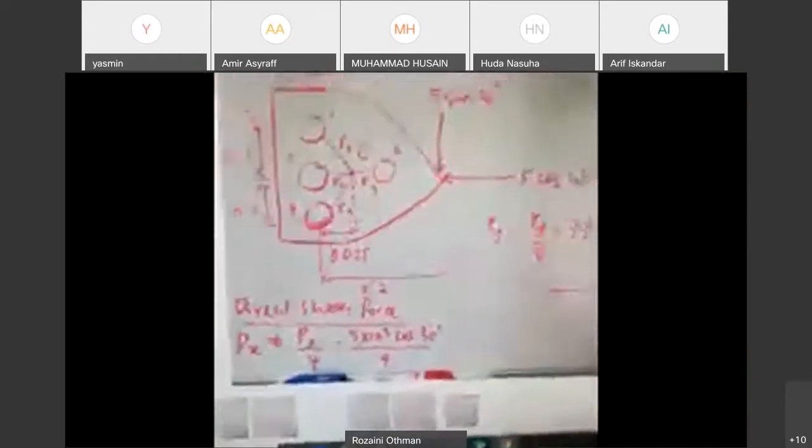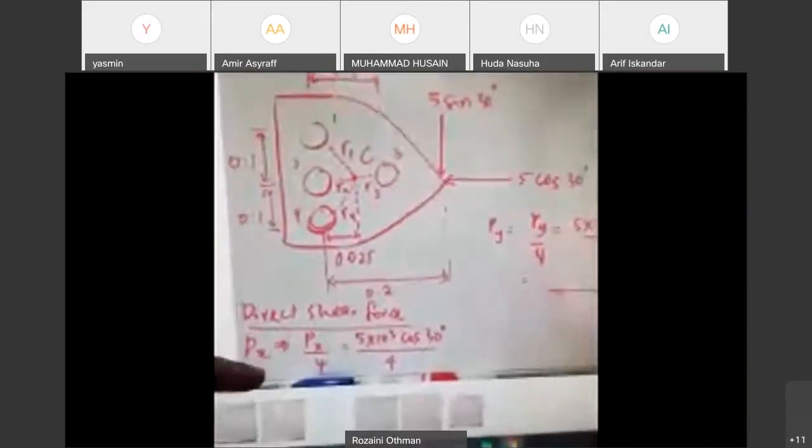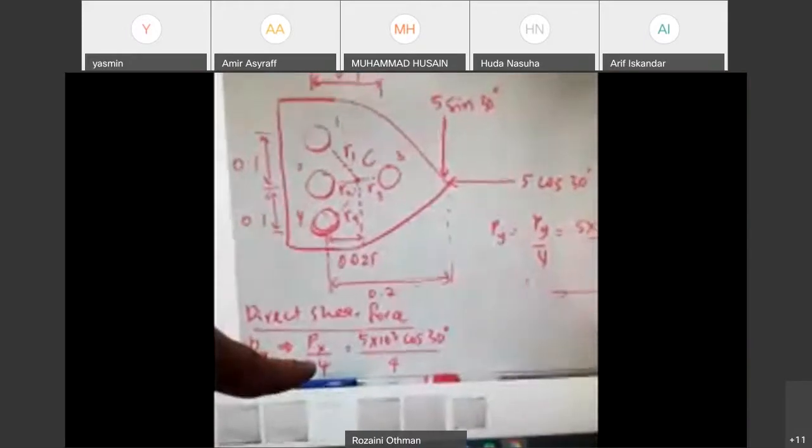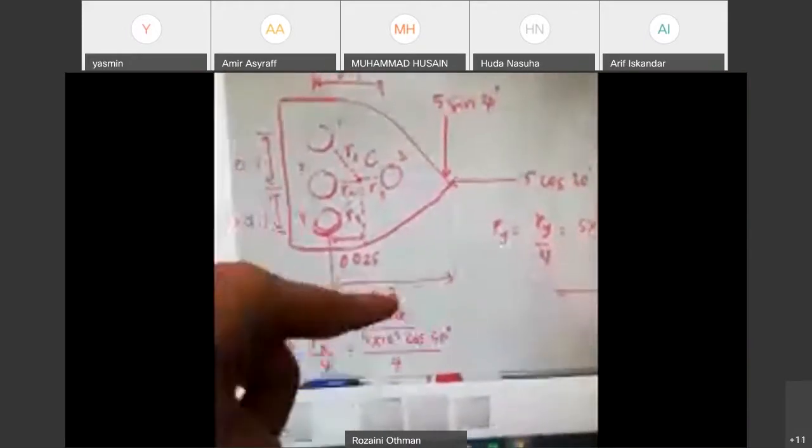So for direct shear force in X, we have Px over 4.